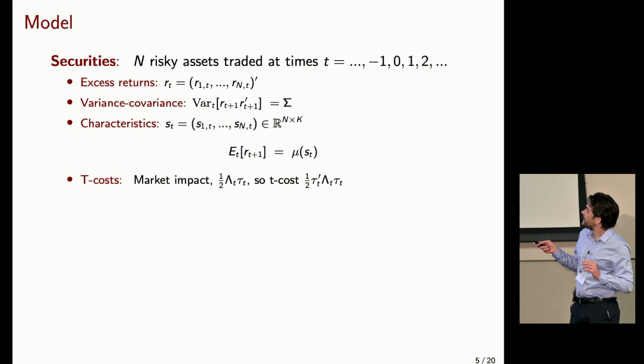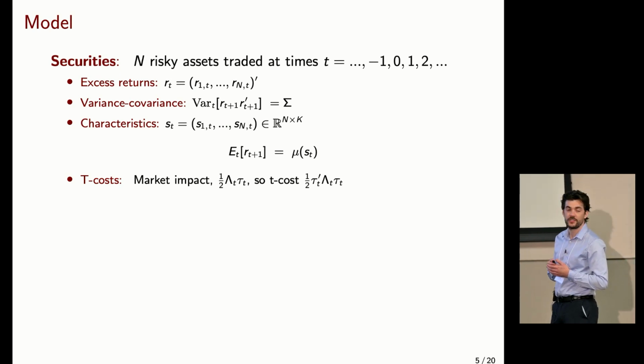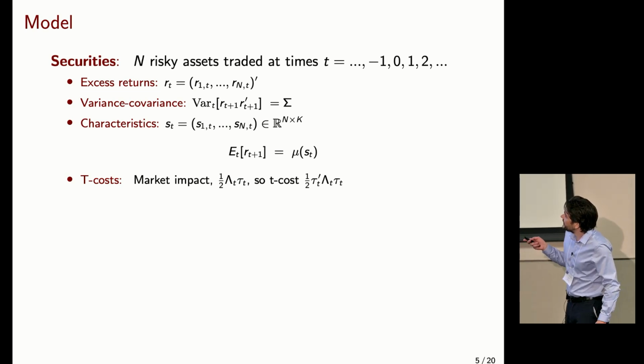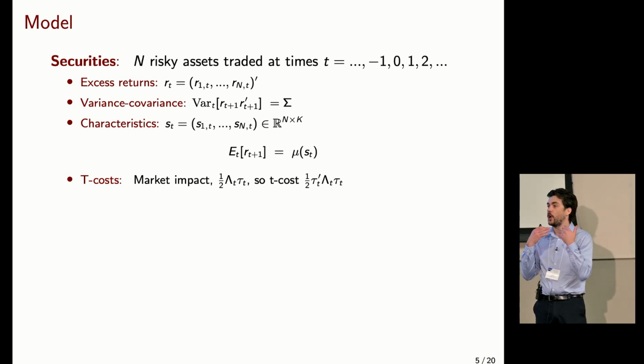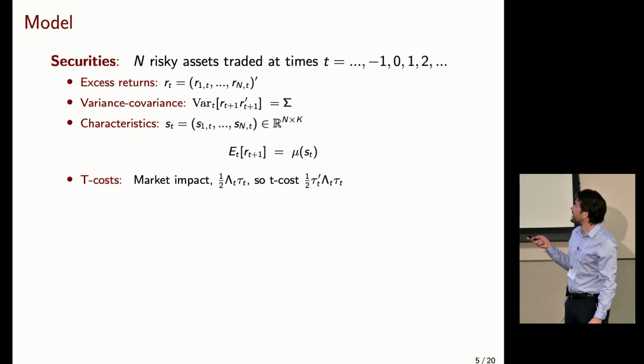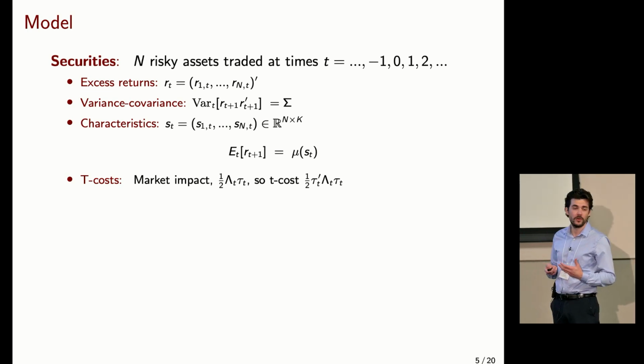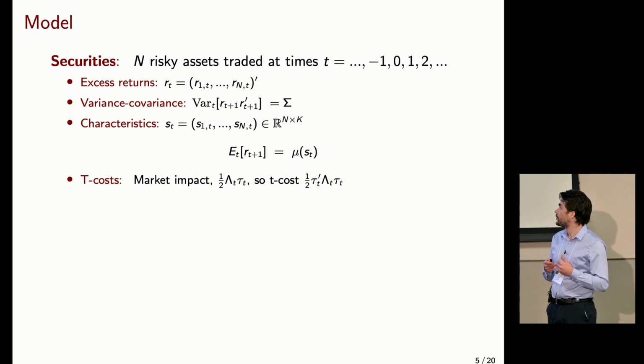We stack those together, and this S matrix will have all the security characteristics. We assume that these characteristics contain all information about your expected return over the next month. In particular, we assume that expected returns are generated by this general function mu of characteristics. So if you know these characteristics and this function, you can perfectly predict their expected returns.